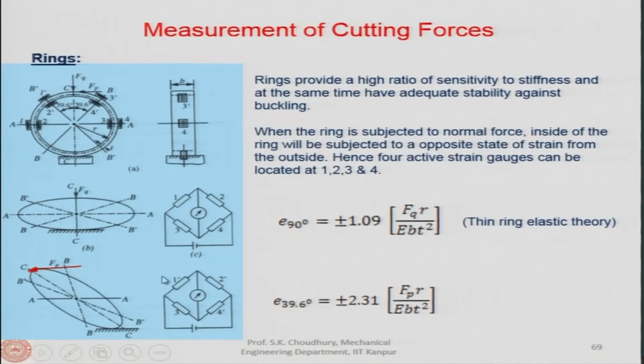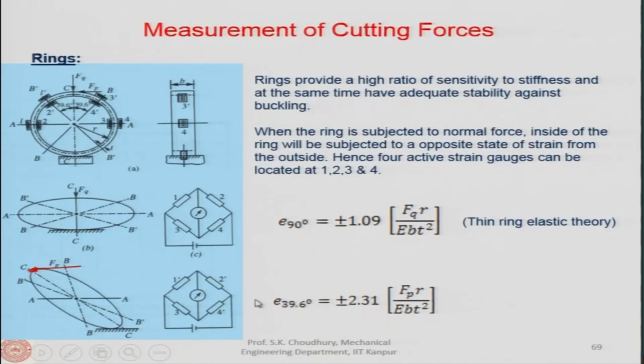Similarly, you find the 39.6 degree strain from this Wheatstone bridge. This value is known because from the galvanometer you can find that strain, and then you multiply by E B T square divided by 2.31 R, and you can find the value of Fp, which is the axial force.